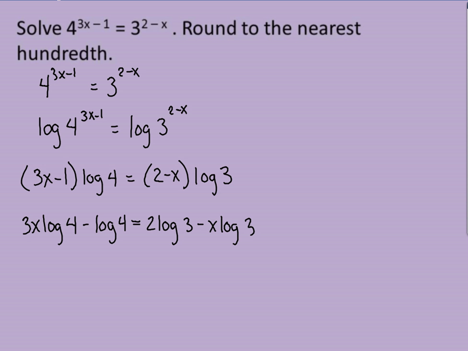Now we're going to take all of the x's to one side, everything that's not an x to the other side. So first, we can add x log of 3 to both sides. And then we can add a log of 4 to both sides.